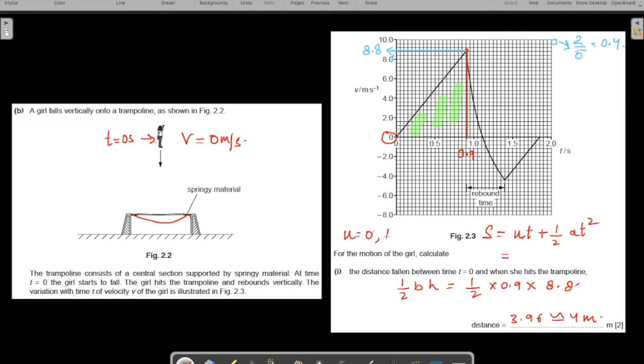What is time t? Time t is 0.9. What is a? a is 9.81 because everything is happening under the influence of gravity. You can substitute these values in the equation. That's a second way of solving this question, using the equations of motion.